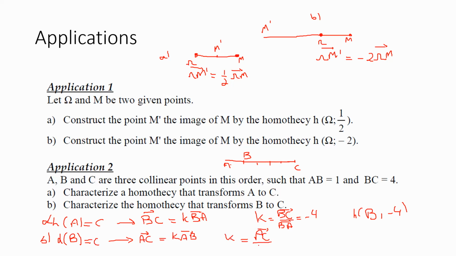How much is AC over AB? AC is 4, so five. So I have a dilation of center A and ratio 5.